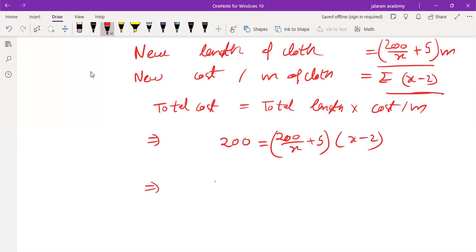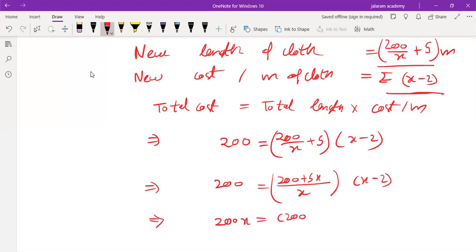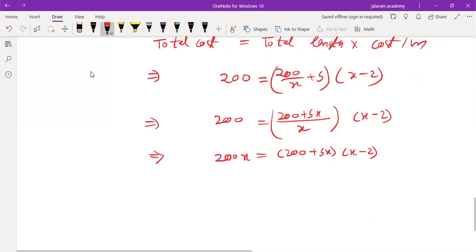Now opening the bracket, we will find an equation. First of all, take X as the LCM inside the first bracket. 200 plus 5X into X minus 2, and cross multiplying, 200 into X equals 200 plus 5X into X minus 2.